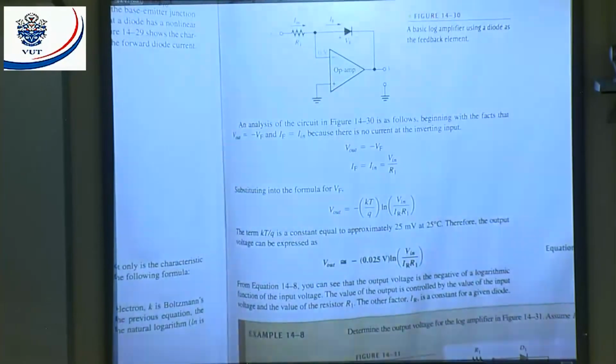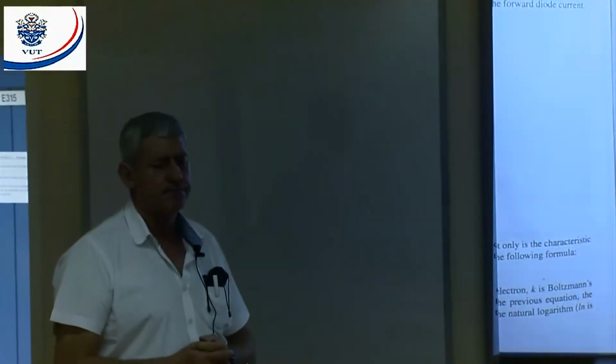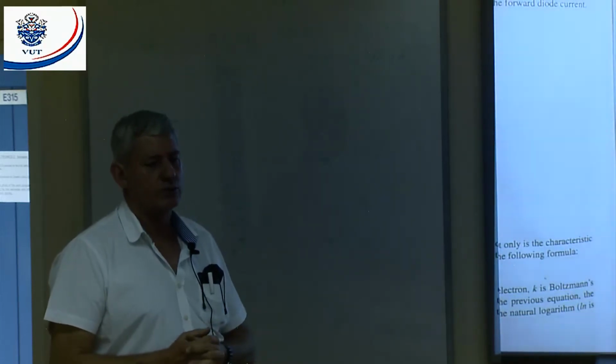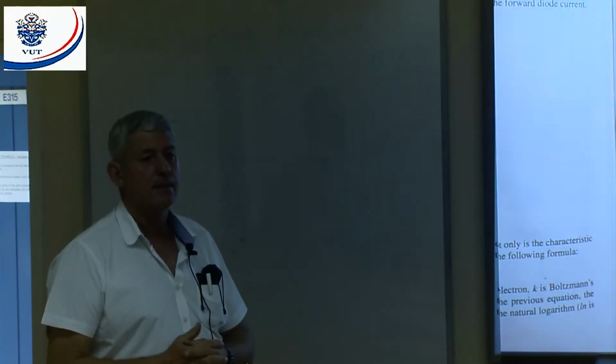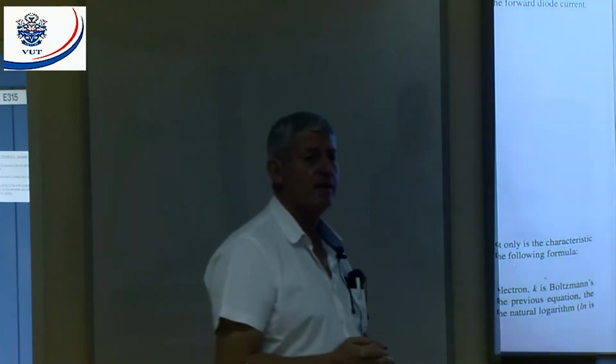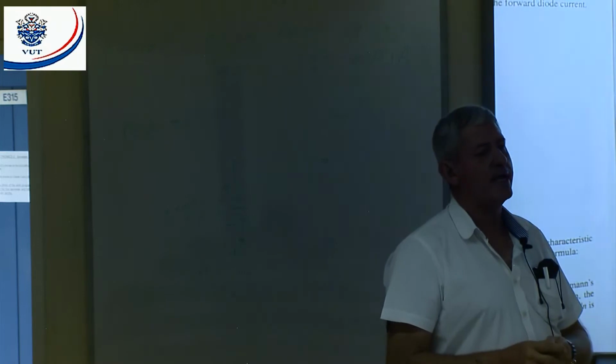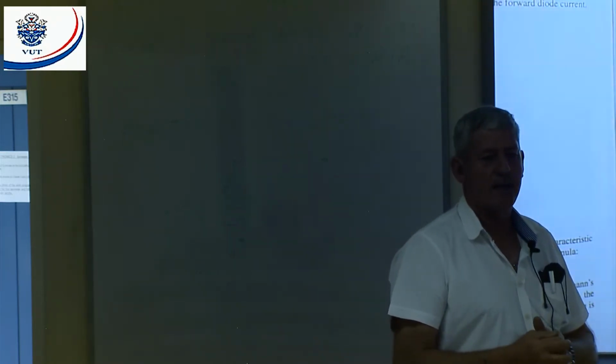Right, where did you use that 25 millivolts previously in your course? When we calculate re accent, all right, you remember re accent that you use in the amplifier circuits.